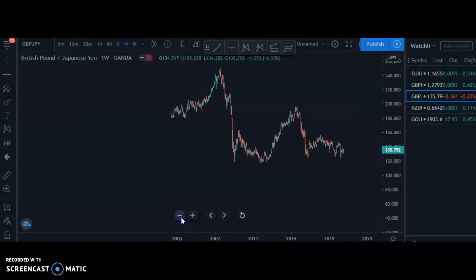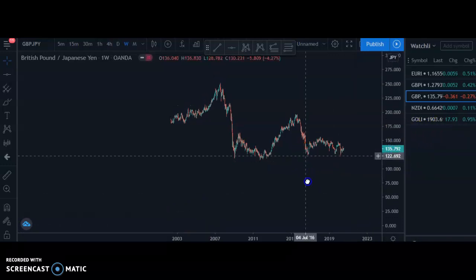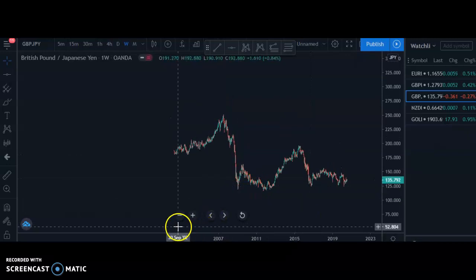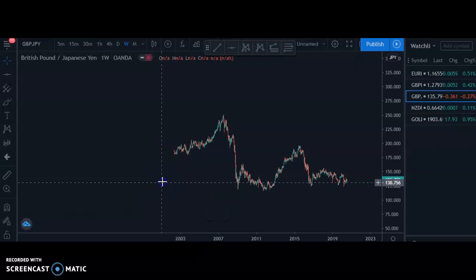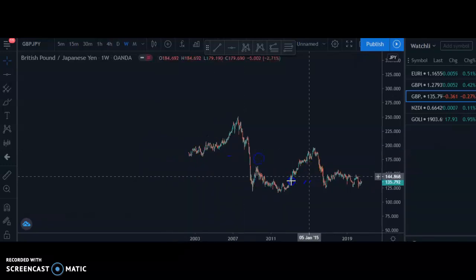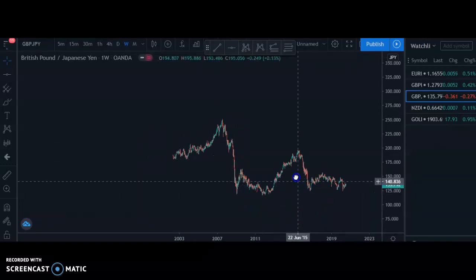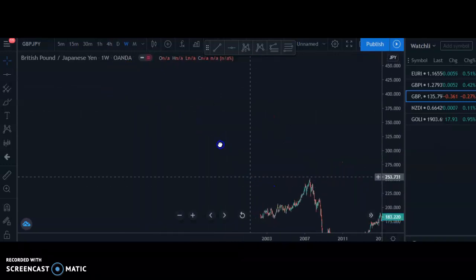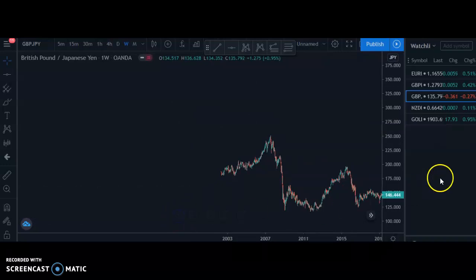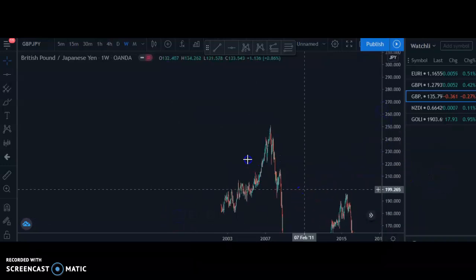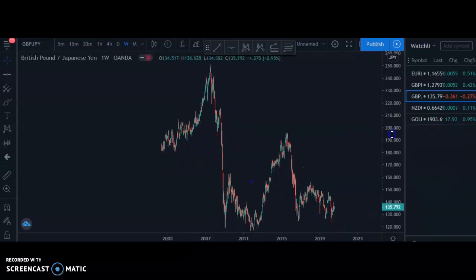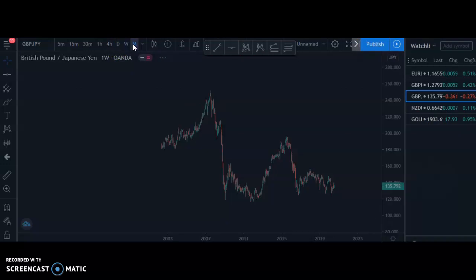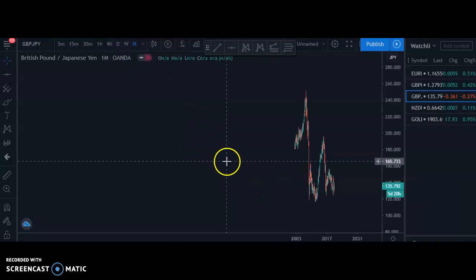Just a second as the chart loads. It's taking a while to load.